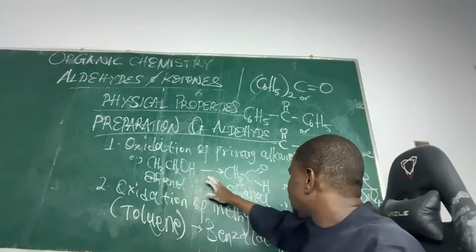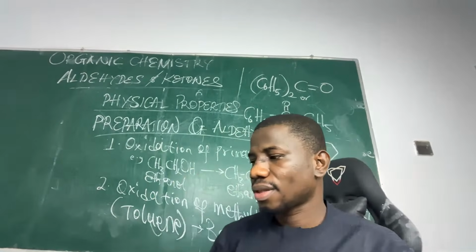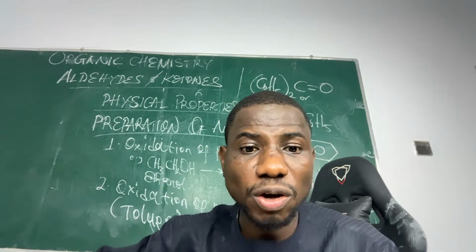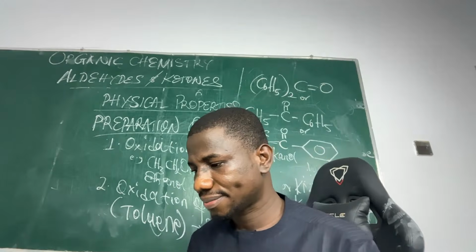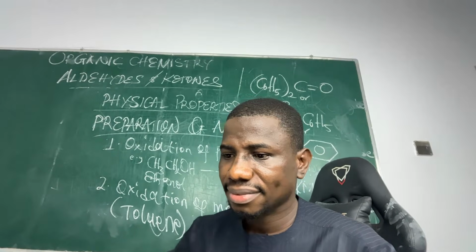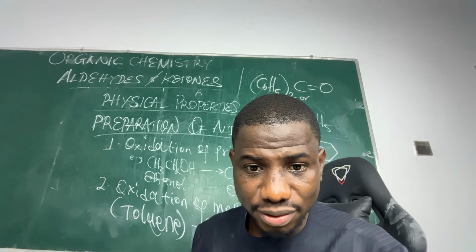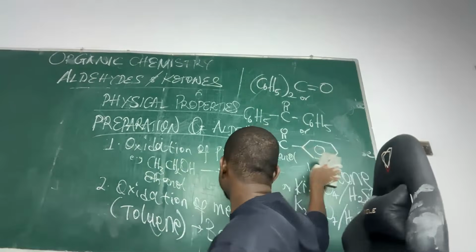Okay, look at this. What we know as oxidation is either addition of oxygen or removal of what? Hydrogen. Addition of oxygen or removal of hydrogen, right? Do you agree with me? Good. Now let's go back to the board.